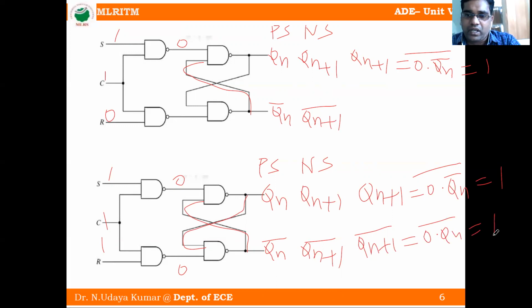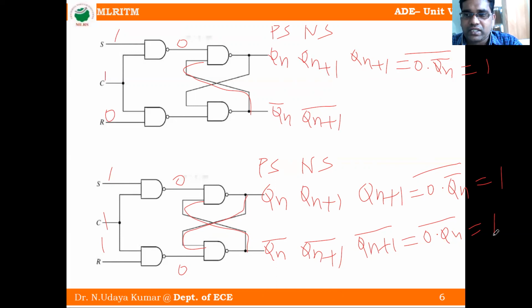So you can observe next state Qn plus 1 is equal to 1. Complement of the Qn plus 1 is also 1. So this case is not possible in practical way. It is possible only theoretically. That's why, if Qn plus 1 is 1, then Qn plus 1 whole bar must be 0, but here we got 1.